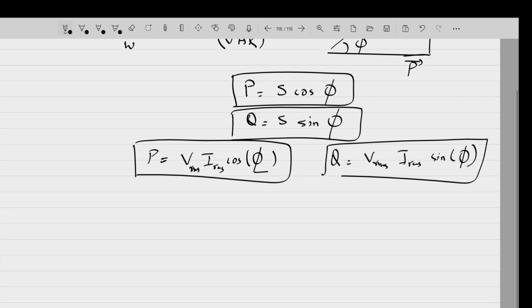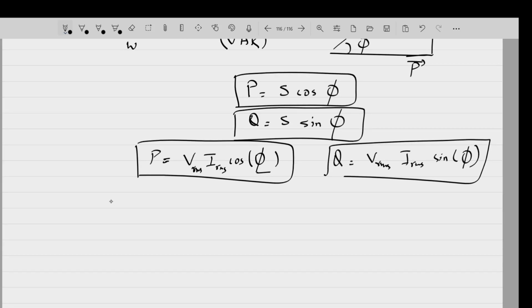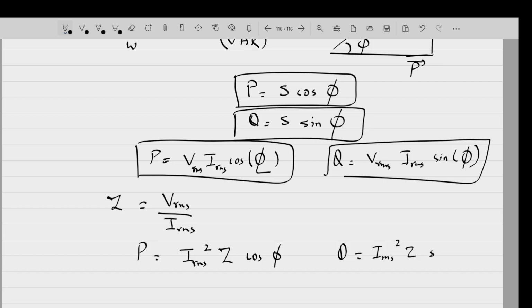You can also calculate the value of Q from impedance. Say for example, आपका जो भी circuit है, we already know Z is equal to VRMS divided by IRMS, so P can be written as IRMS square Z cos phi, and Q can be written as IRMS square Z sin phi, or V square by Z cos phi, V square by Z sin phi.